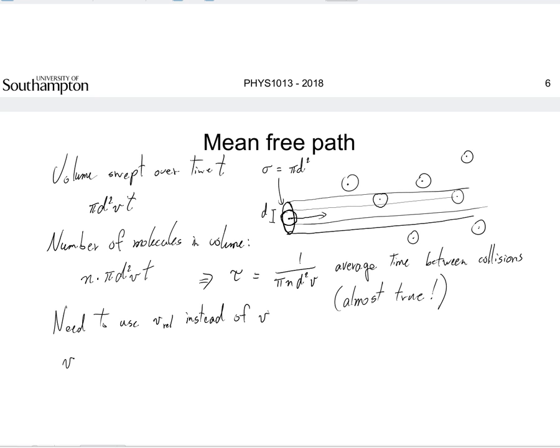And then v relative, in general, if you take a pair of particles, is equal to v1 minus v2, or v2 minus v1. This means that v relative squared, if you look at the expectation value of this, you're going to get the expectation value of v1 squared plus v2 squared minus 2 v1 dot v2, right?